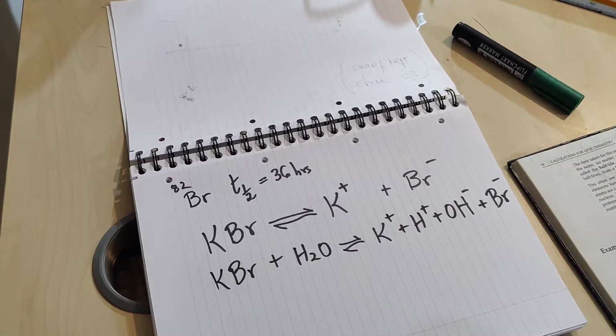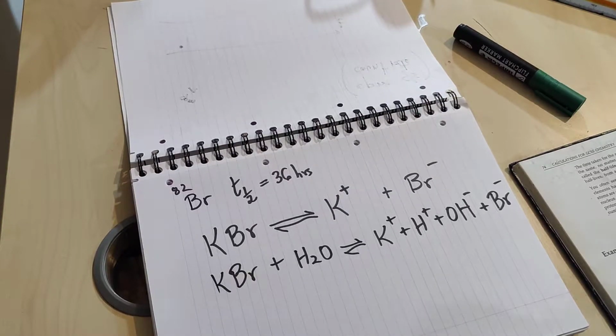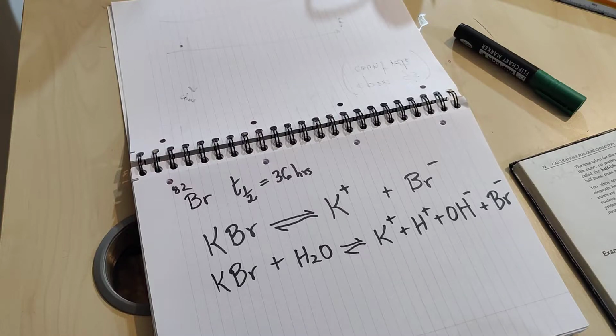When a Geiger-Müller detector has detected a count rate of 160 counts per minute, what will be the value of the count rate 72 hours later? So the half-life is 36 hours.